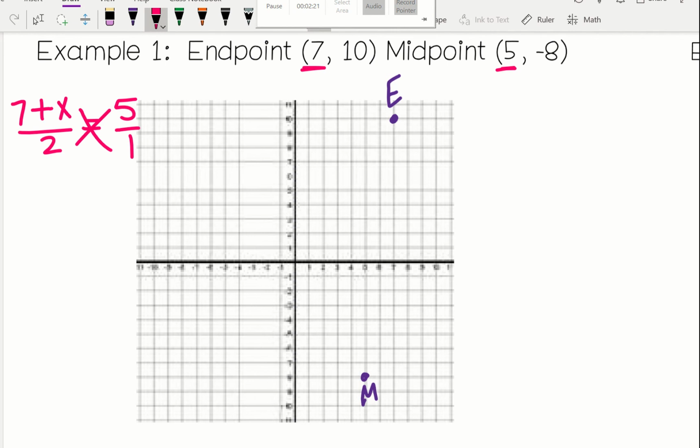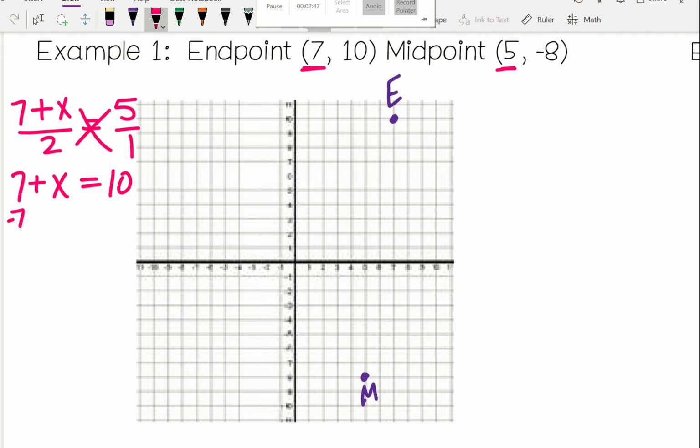Okay? This is the same thing, so you don't have to ask me because I know some of you will do this. This is the same thing as working it backwards. So like I was just saying, well, if I know it's 5, can't I just go ahead and multiply that by 2 and subtract that? You're doing the same thing. You're just doing it all without writing it out. Okay? So if I cross multiply, I get 7 plus x equals 10.